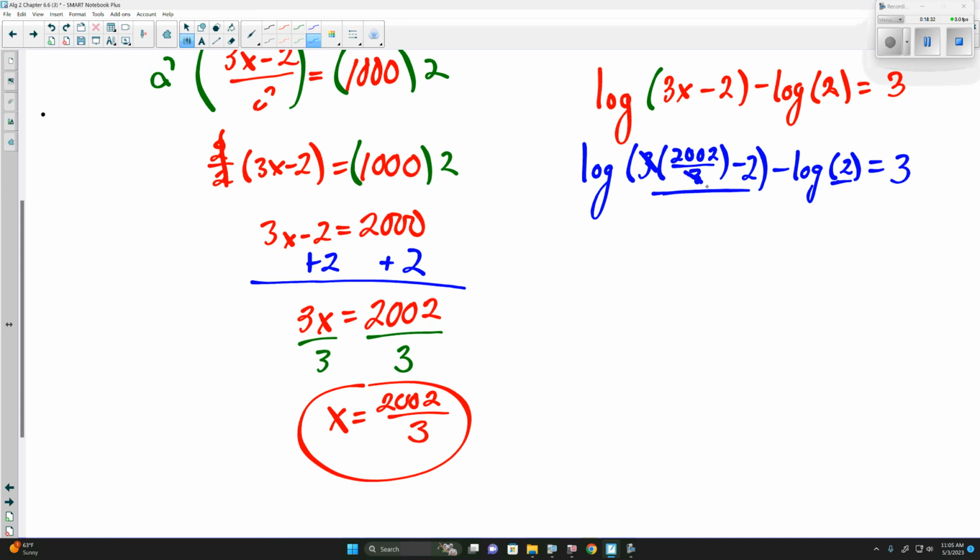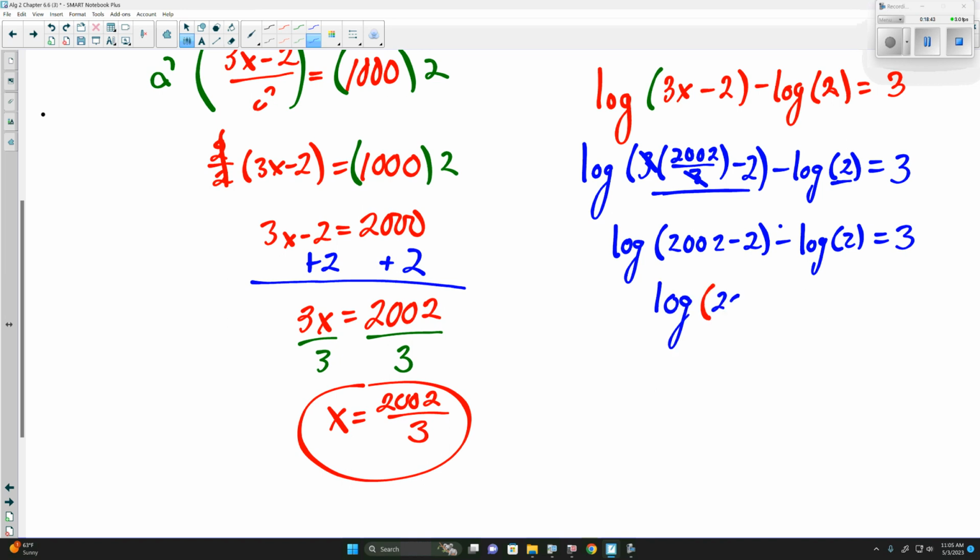Because here, this would cancel, giving us log of 2002 minus 2 minus log of 2 is equal to 3. Then we minus 2. So we get log of 2000 minus log of 2 is equal to 3. They're both positive non-zero numbers, so they do work.